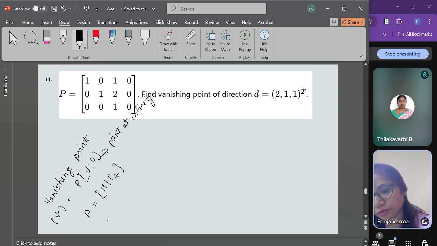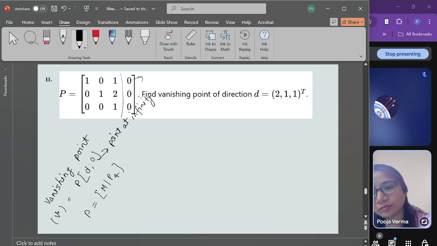So all these values are point at infinity, right? So now we can remove the point at infinity and rewrite the projection matrix as 1 0 1, 0 1 2, 0 0 1 in that form. Or we can write the projection matrix in this form also, D comma 0.